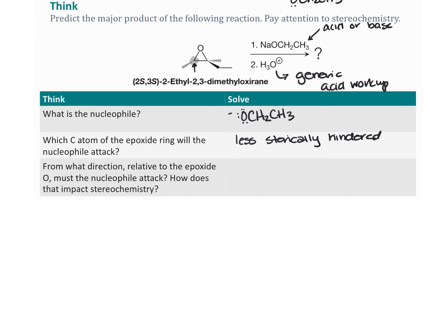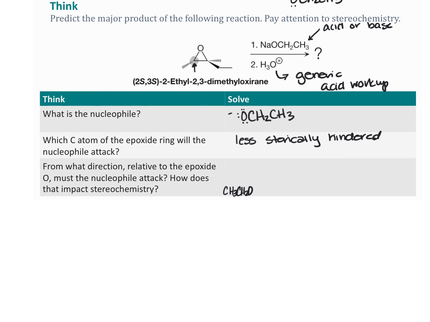So if we were just predicting the product for this, we could use this information to just predict the product. And we could say, okay, it's going to attack there. That ring is going to open up. It's going to push up that CH3 group. This is going to attack here. I don't love the way I've drawn those bonds, so let me erase those.